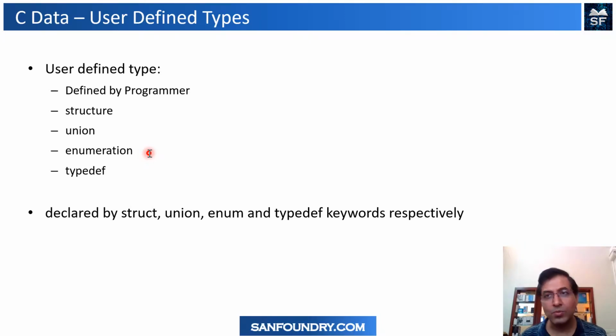It is more for code readability and maintainability. I think enum is a very good choice for that. Typedefs I covered, and I'm going to cover them in more detail later. So they are declared by the struct, union, enum, and typedef keywords respectively.